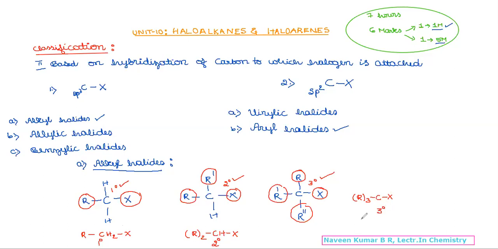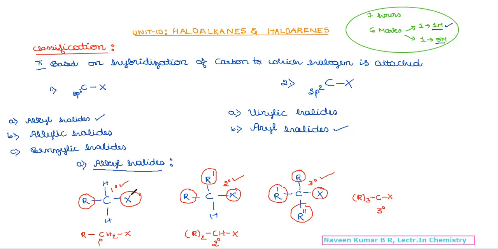So identifying primary, secondary, and tertiary is very important, because in the mechanisms we are going to learn, we need to differentiate very clearly which particular alkyl halide is in the given example. So, primary, secondary, tertiary to identify.